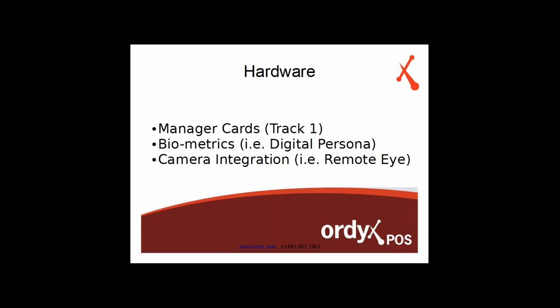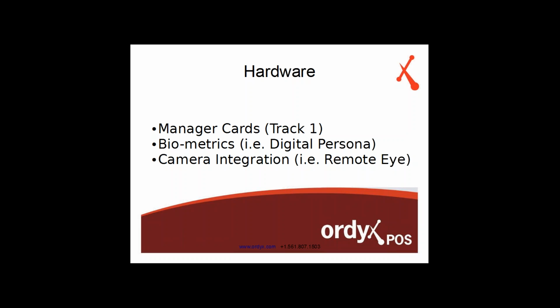For security, we have different types of hardware. The first one that we have is the manager cards, which you get when you open your account with us. I think you get 5 staff cards, so you can assign those cards to the managers. That way, they're not going to have to input the number, obviously for security reasons, because you can have problems with that.